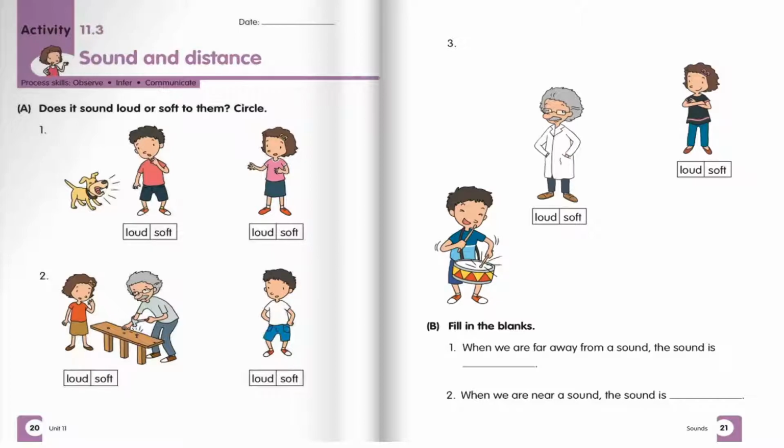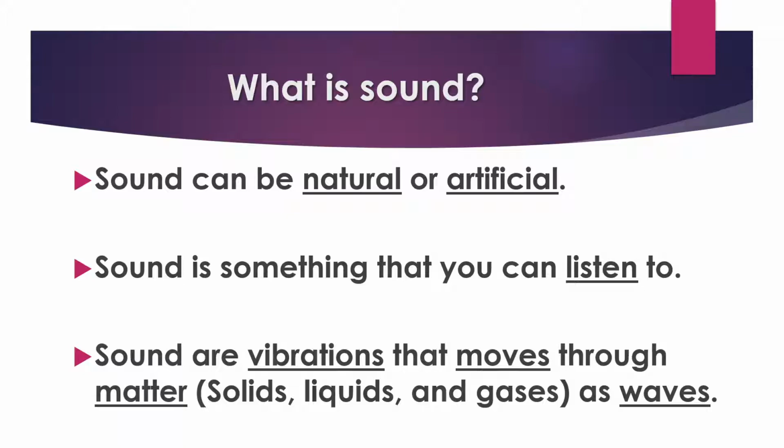All right, let's continue. So far we know a few things about sound. Sound can be natural or artificial. Sound is something that you can listen to. And sound is vibrations that move through matter. Remember that matter can be solids, liquids, and gases. And the vibrations move as waves, right?